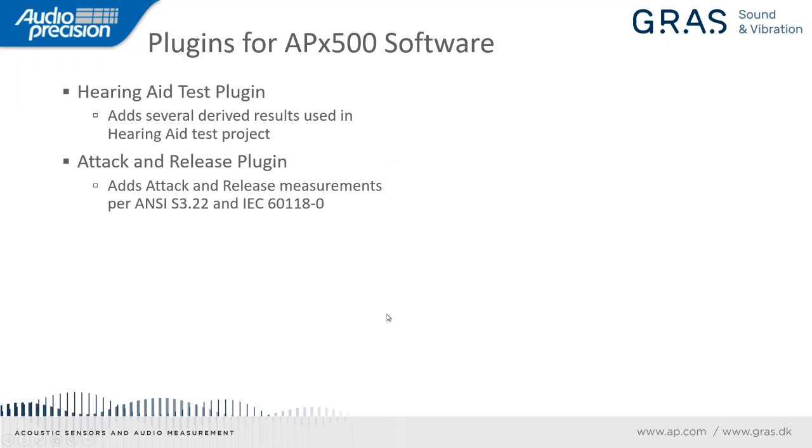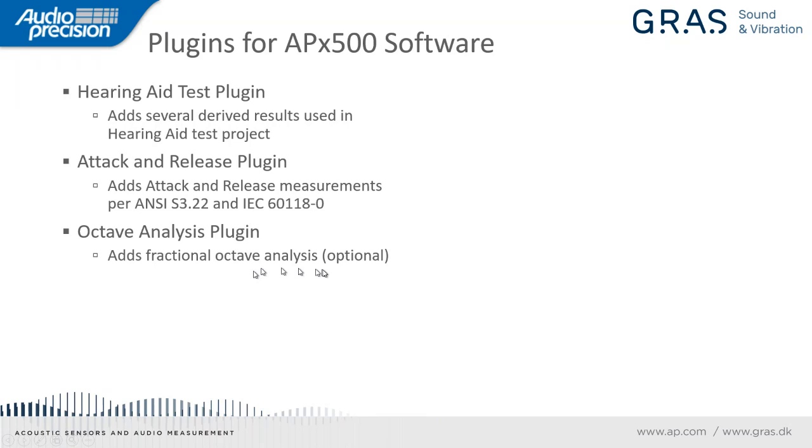It adds attack and release measurements per ANSI S3.22 and IEC 60118 Part 0. And then optionally, we have an octave analysis plugin that adds fractional octave analysis in case you want to do those measurements. Those aren't required by the standard, but I think I have one built into the project file we're going to do today. And as I mentioned, these are free downloads at ap.com, our website.